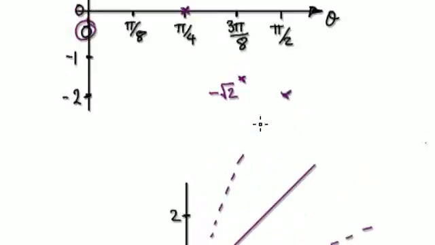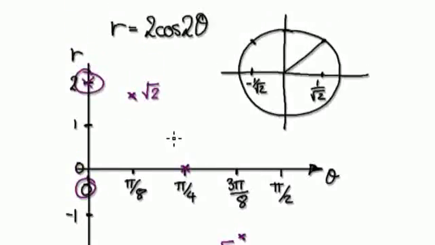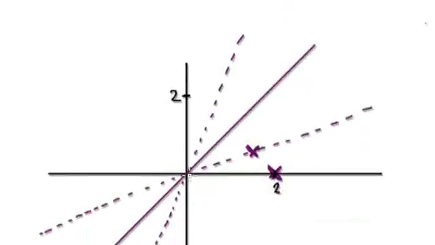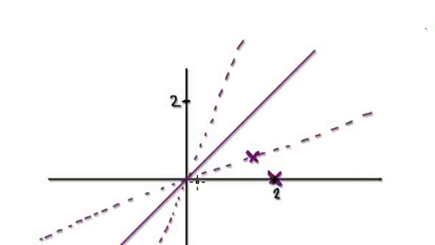When it's pi over 4, the radius will be 0.